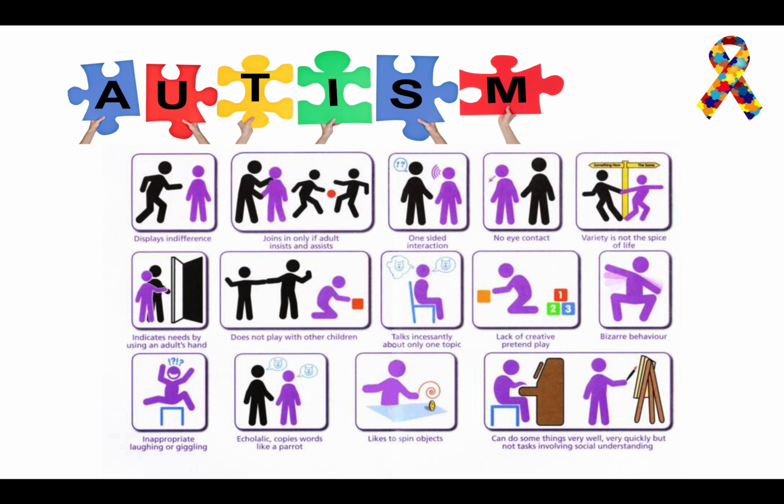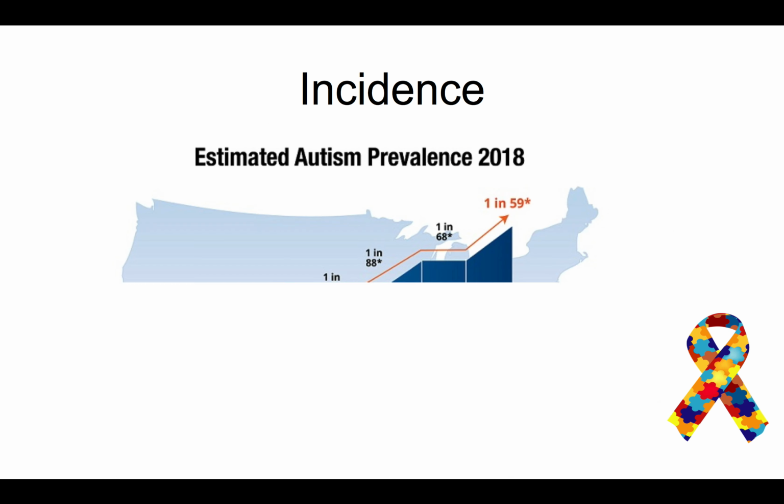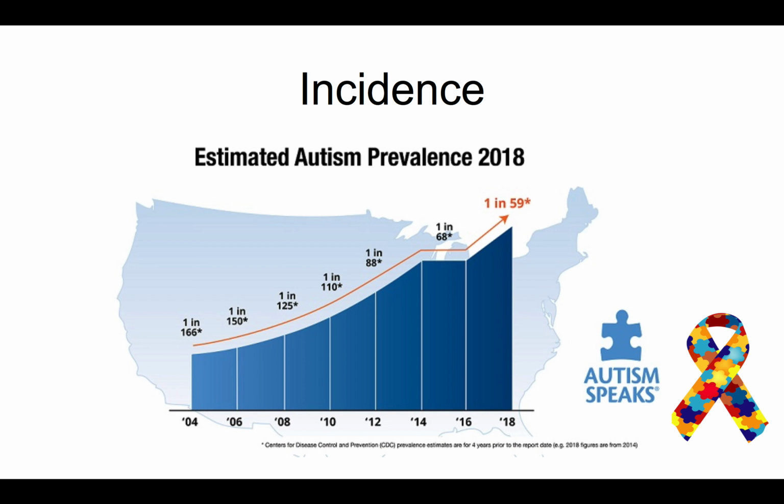Okay, we're going to talk about autism a bit here. So the incidence of autism has gone up markedly, especially in the last 15 or so years. Some of this can be attributed to better diagnoses, but certainly not all of it.